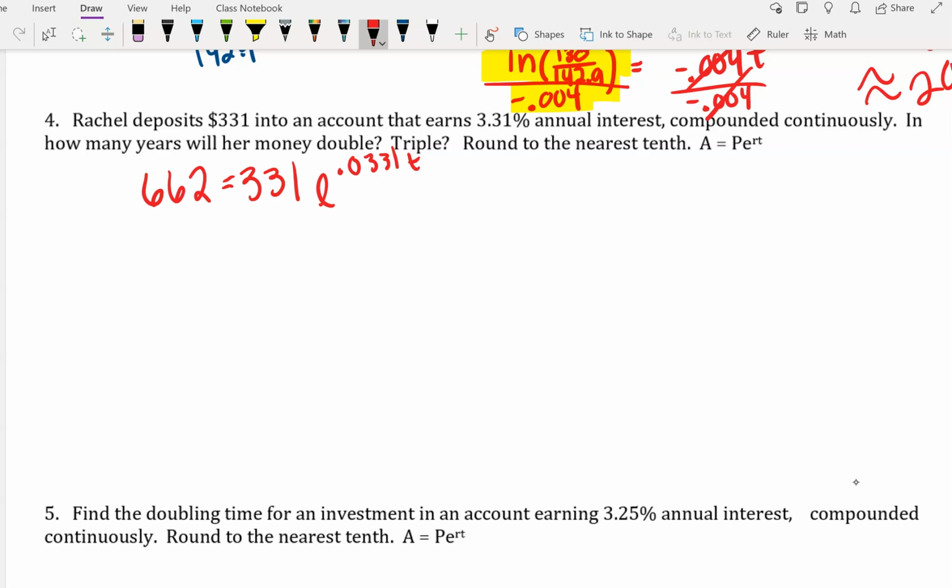We're going to divide both sides by 331, and we're going to get 2, because this was double this. So it's going to be 2 equals e to the 0.0331 t, and then I'm going to natural log both sides to cancel out the e. And last but not least, I will divide away 0.0331 to get t by itself.